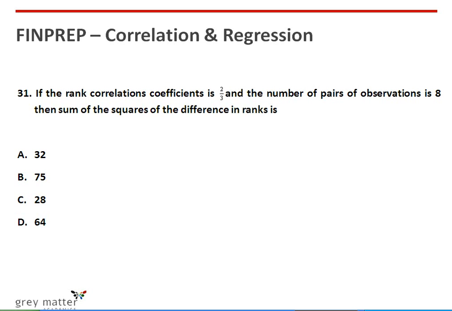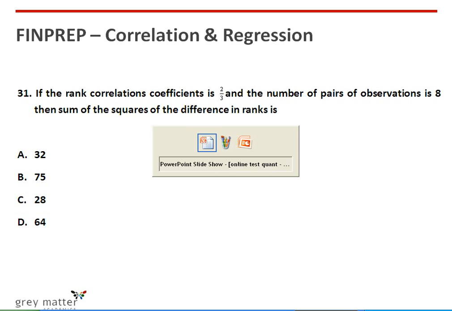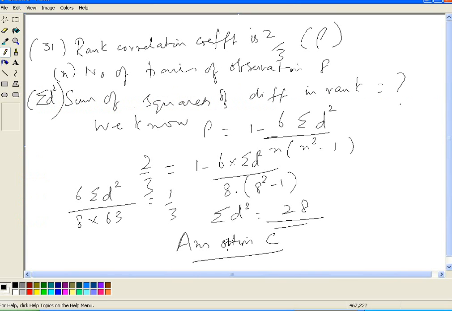31st question. If the rank correlation coefficient is 2 by 3 and the number of pairs of observations is 8, then find the sum of the squares of the differences in ranks. Going to our work area, rank correlation coefficient rho is 2 by 3, given n, the number of pairs of observations, is 8. We need to find sigma d squared, which is the sum of squares of differences in rank.